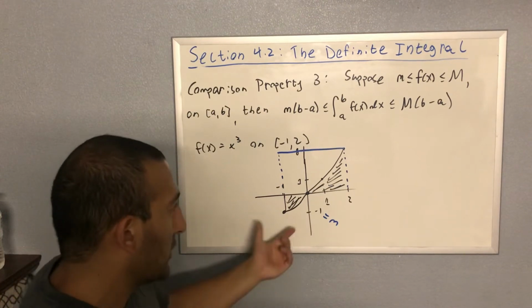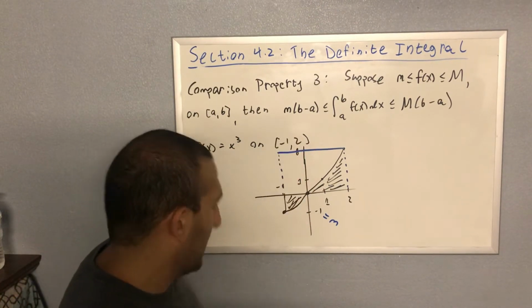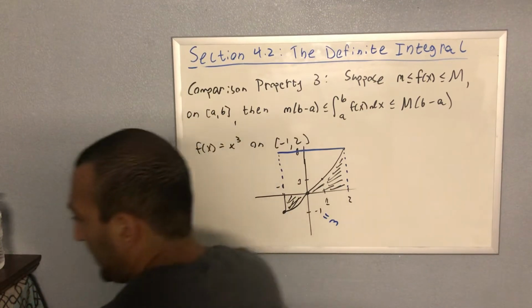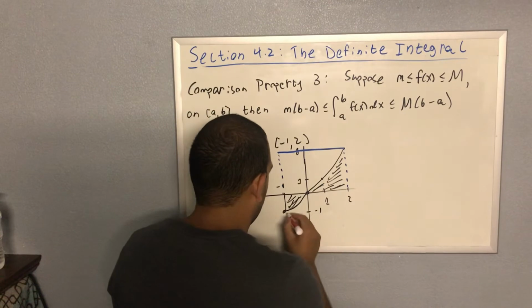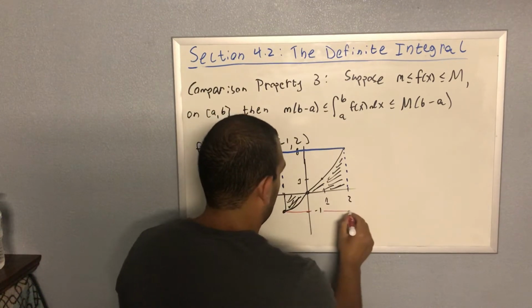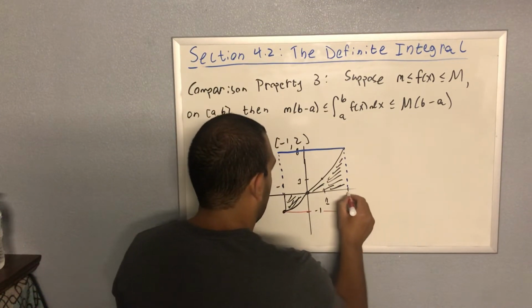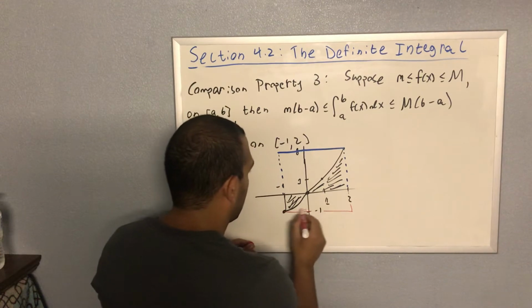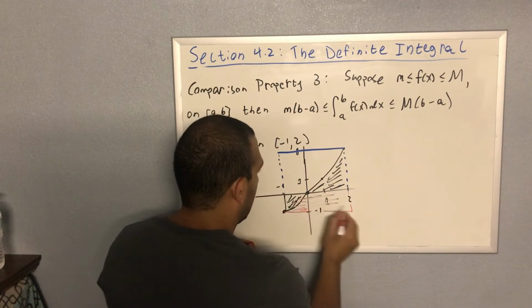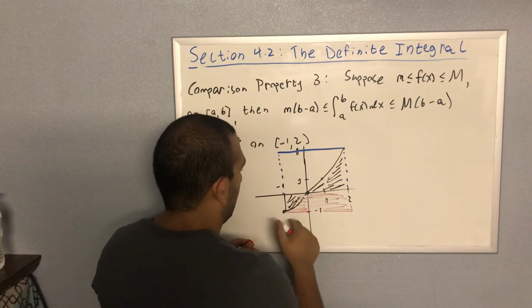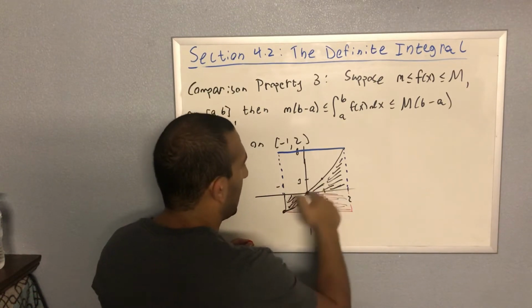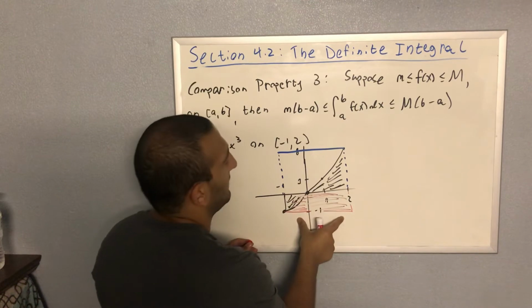And then you can do the same thing with small m. If you think about the function always being constant at small m, like this, then this red rectangle here is way, way more negative than this already. This net area is positive, and this is a very negative number.